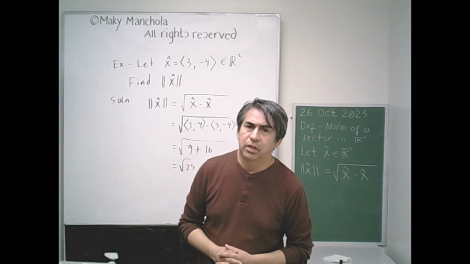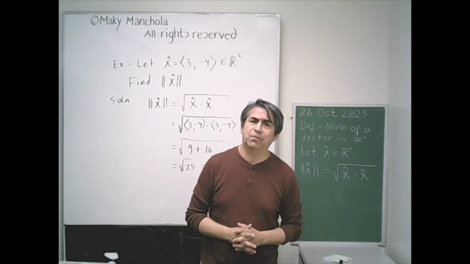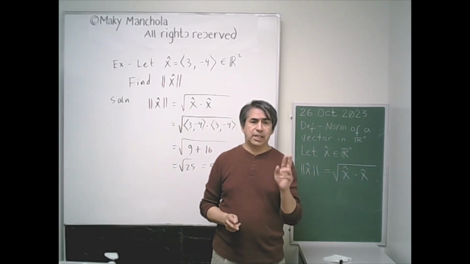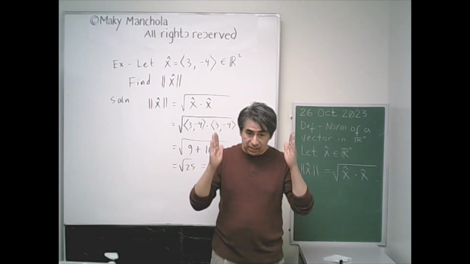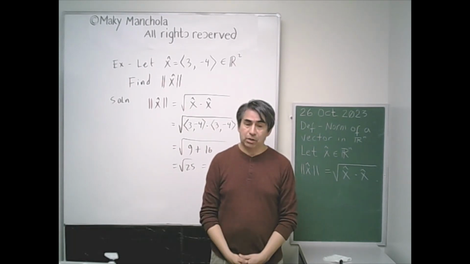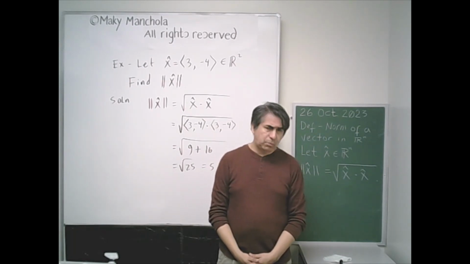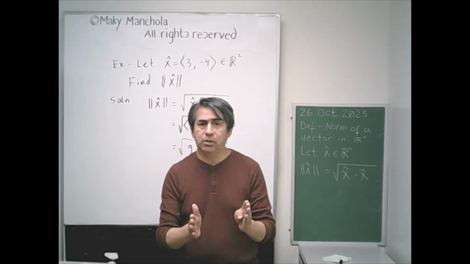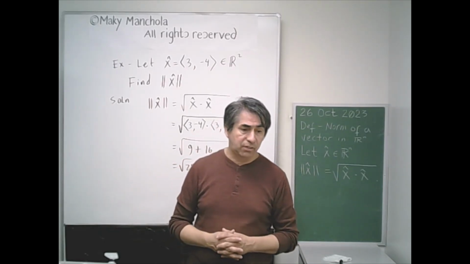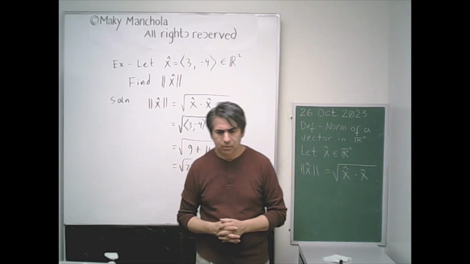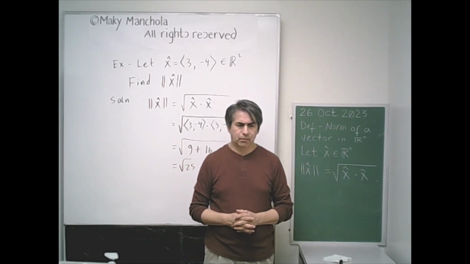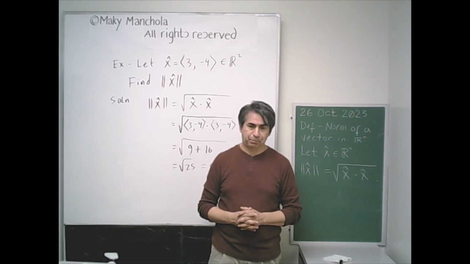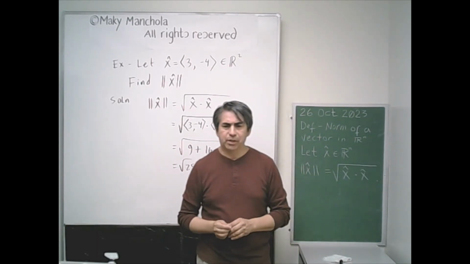Another property: if you take the absolute value of the dot product of two vectors x hat, y hat, that is going to be less than or equal to the norm of the first vector times the norm of the second vector. That is known as the Cauchy-Schwarz inequality. And one more property.